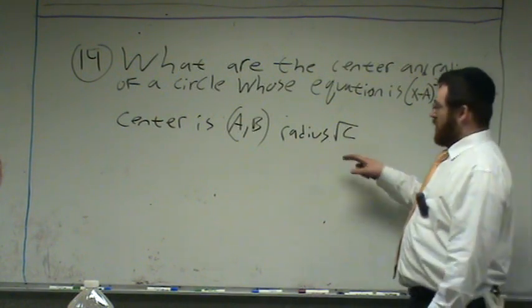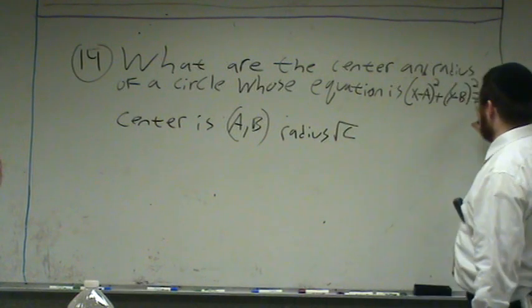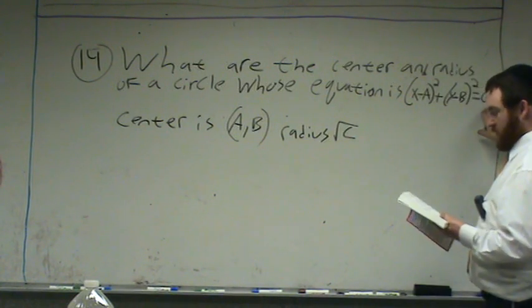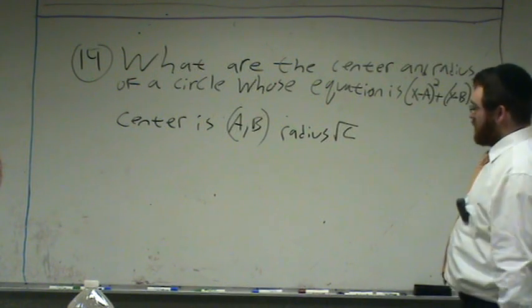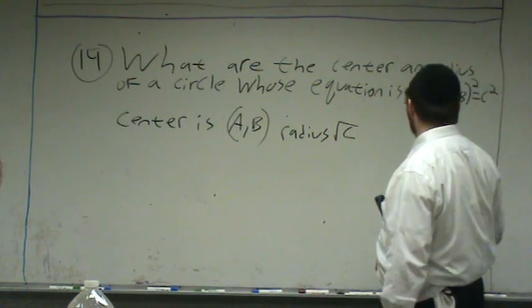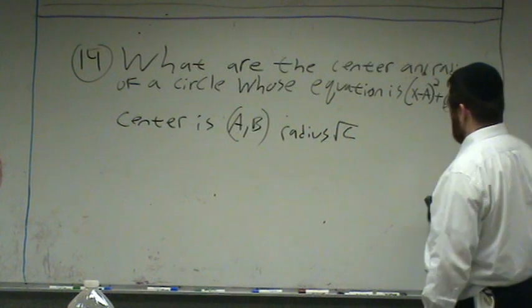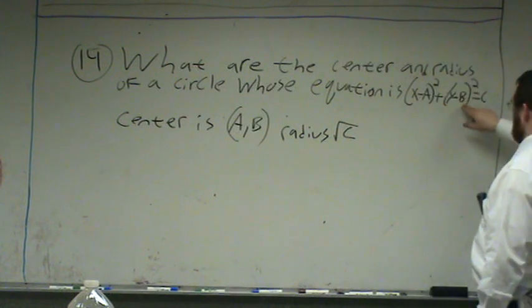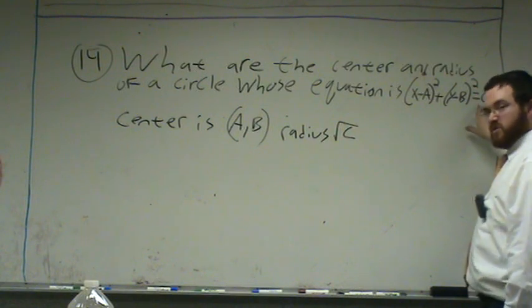So if this should be equal to c squared, but it tells you that it's equal to c, so therefore (x − a)² + (y − b)² has to equal the radius squared.